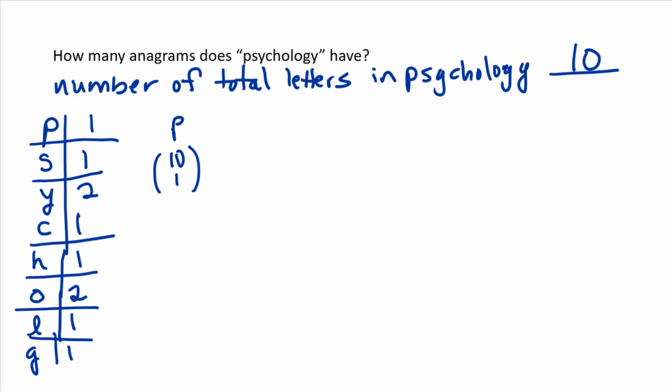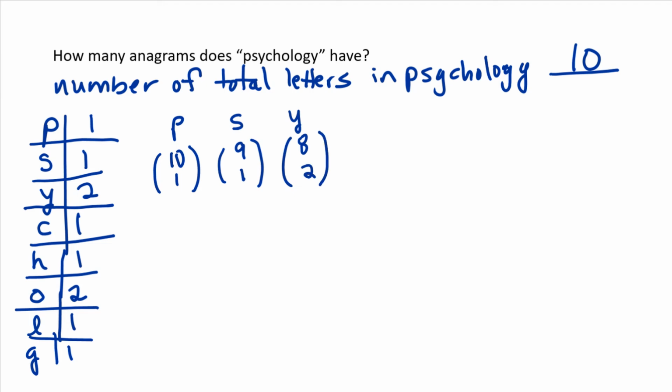Now I have to place S, and since one of the spaces is already chosen, I've only got 9 spaces left, and there's only one S. The next letter is Y. And so we've got 8 spaces to fill and 2 Y's.